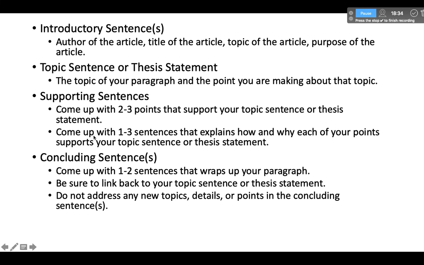So if you have any questions, comments, or concerns about this particular slide, please let me know. Again, nothing is fixed, okay? Especially with these units, and especially since people are in so many different places at this point in the semester.